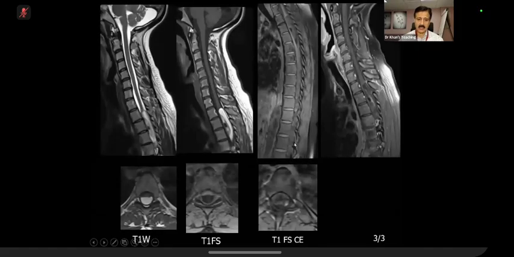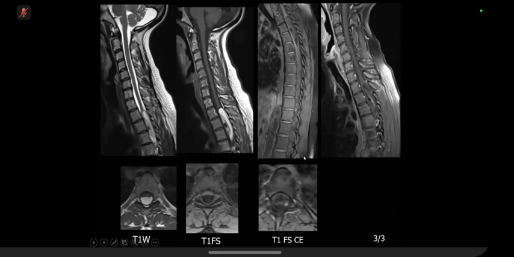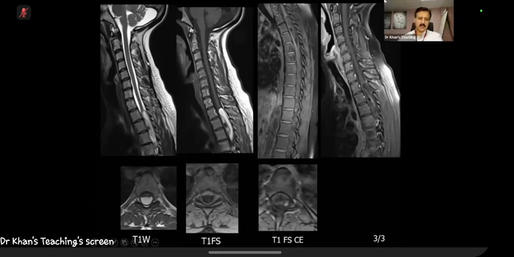This is the MR of the same case actually, and just as a practice, just describe it. So I've got a heterogeneous central cord lesion of mixed signal intensity. Name the sequence. What is this sequence?